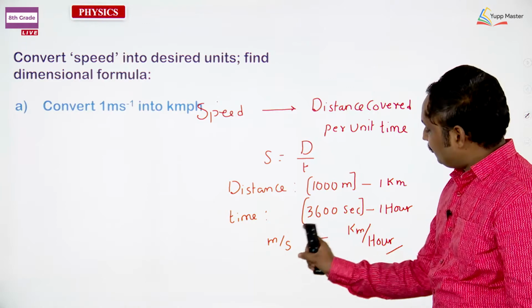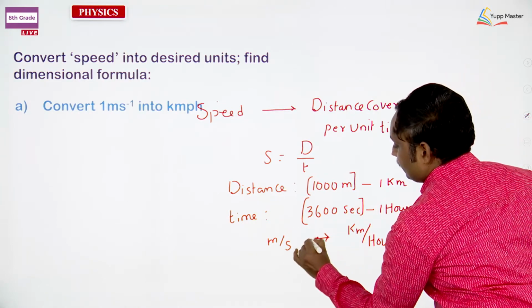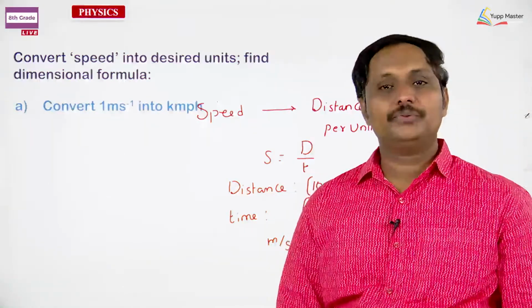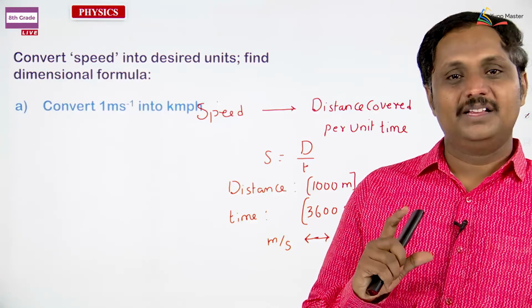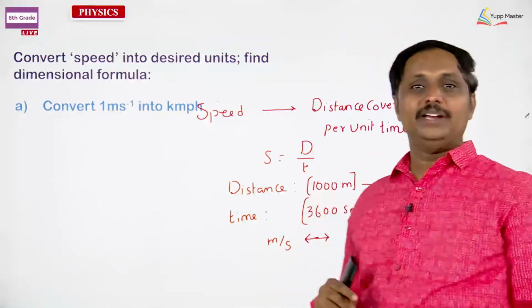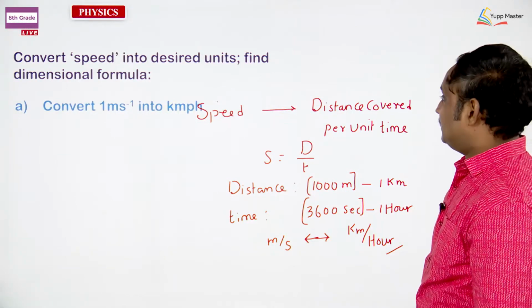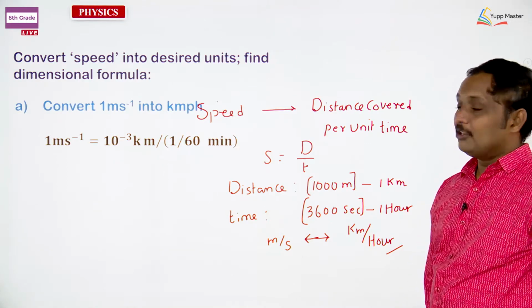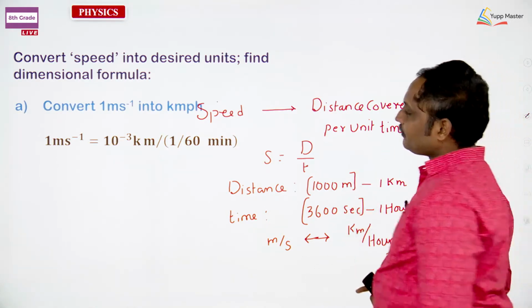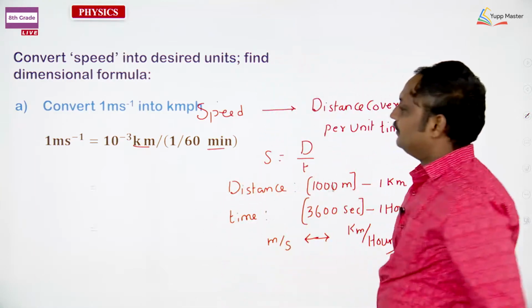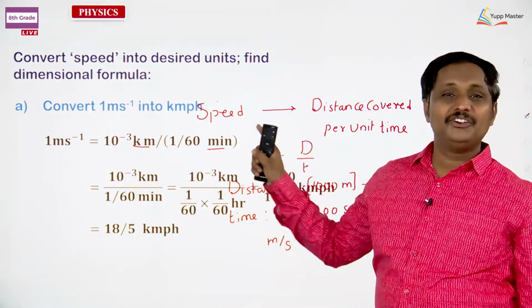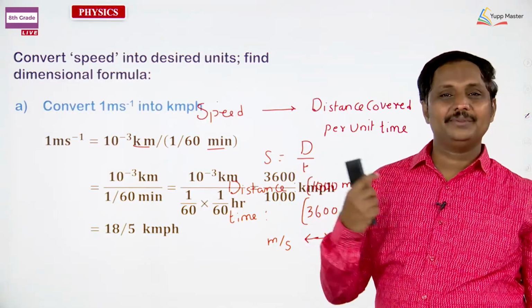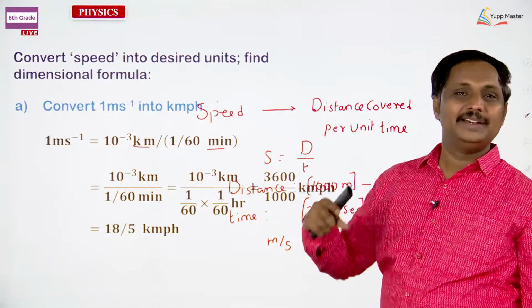You can convert from meters to kilometers with the conversion. Yes, you need the multiplication of 18 by 5 and 5 by 18. Just what we have taken, you can write down the units in minutes, and again convert the minutes into seconds. 1 hour is 60 minutes, 1 minute is 60 seconds.